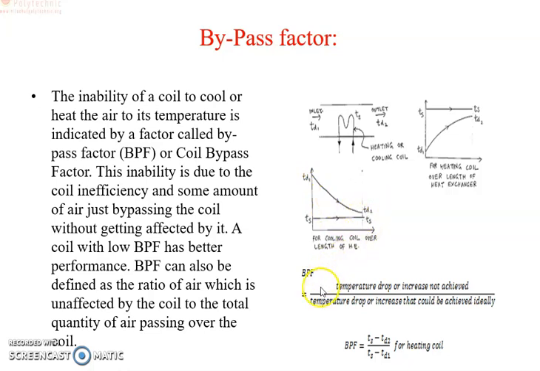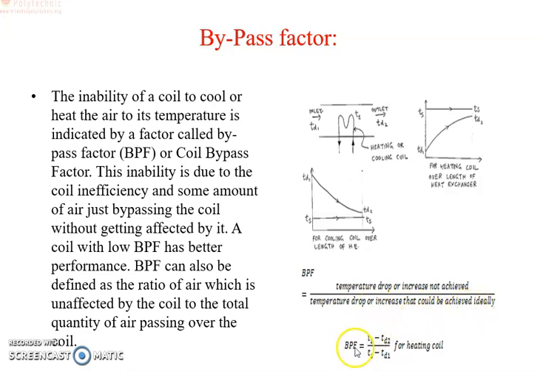TD2. So mathematically we can write the bypass factor is equal to the temperature drop in the case of the cooling coil, or increase in the case of the heating coil, not achieved, divided by the temperature drop or increase that could be achieved ideally.